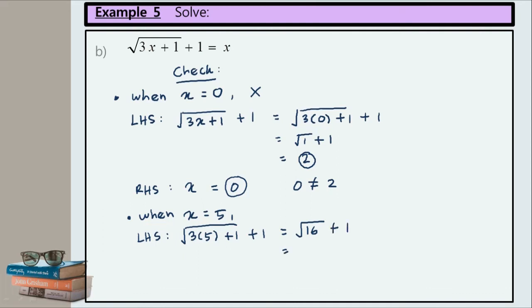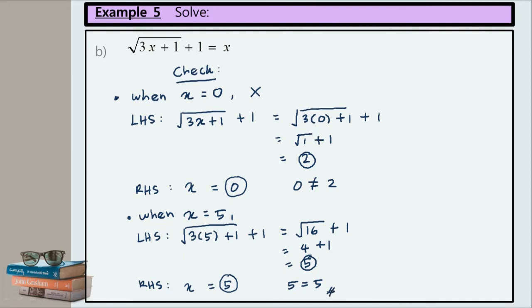So set 16, 4 plus 1. So kita akan dapat left hand side 5. Right hand side is x. So our x is 5. So now we have right hand side 5 and left hand side 5. Sama kan? So 5 sama dengan 5.